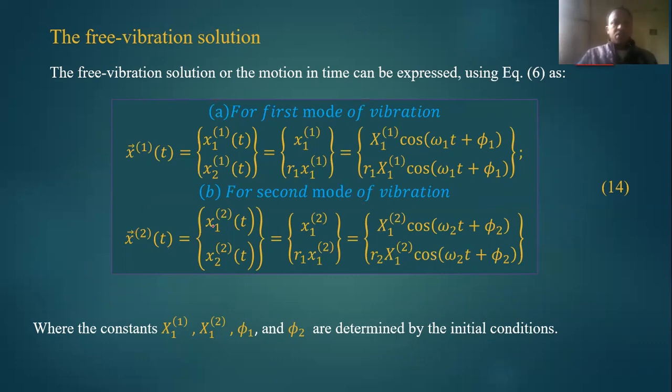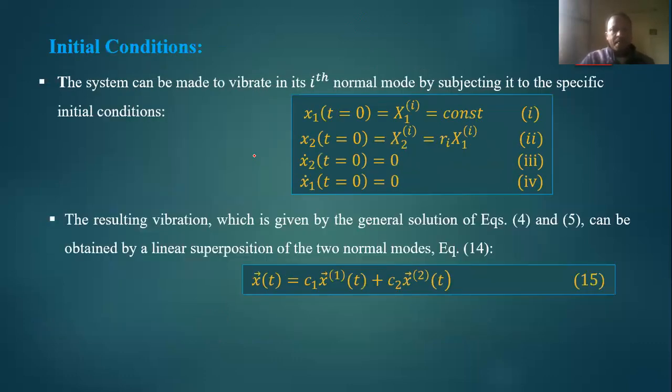So x1 of 2 of t, x2 of 2 of t, these are the second mode. Which gives us X1 cos(omega 2 t + phi 2), with amplitude ratio R2, X1 of the second mode cos(omega 2 t + phi 2). So this is the free vibration solution.